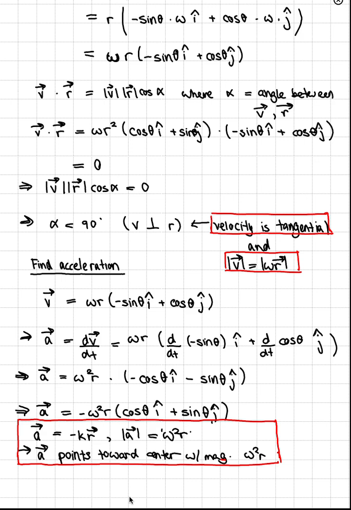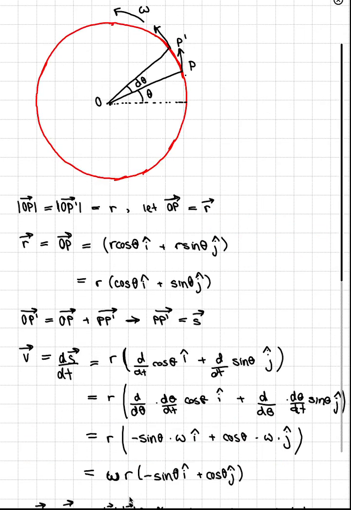In the same way, we can compute the differentiations, and the a vector will simplify to omega squared r times negative cosine theta i negative sine theta j. Do you notice something about this vector? I do. We noticed here that r equals this constant r times cosine theta i plus sine theta j.